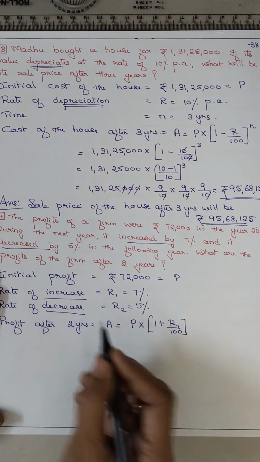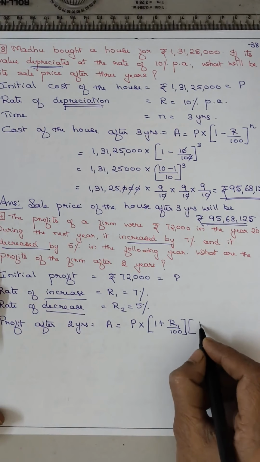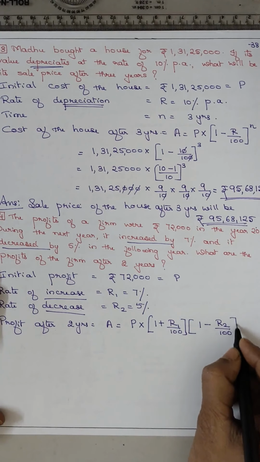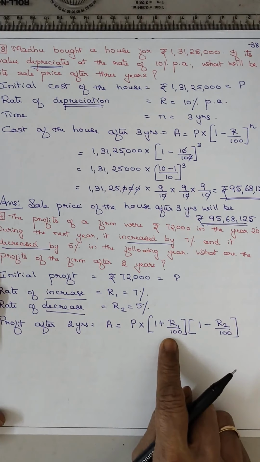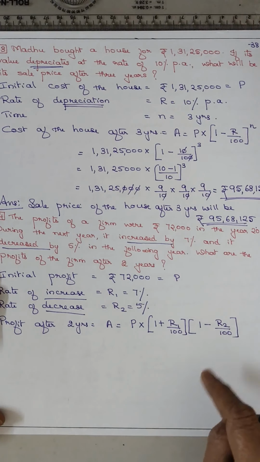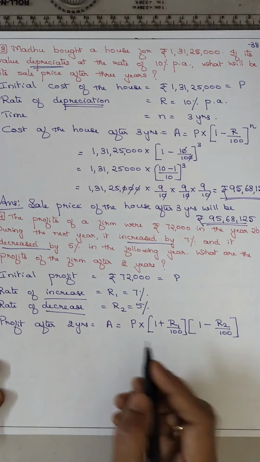In the second year it is decrease, so bracket open, 1 minus R2 upon 100. Hope you are understanding. First year it is increased, that is why plus. In the second year it is decreased, that is why minus.